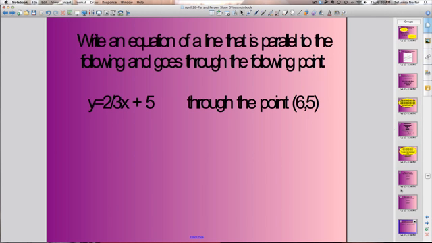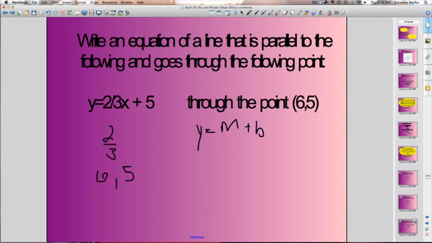Now write the equation of a line that would be parallel to here, but actually go through this point. For those of you who need a little reminder, you're going to keep the same slope. And now you have 6, 5 as a point. You're going to write y equals mx plus b.